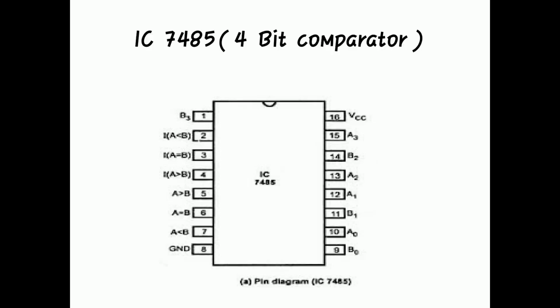A1 is pin number 12, A2 is pin number 13, A3 is pin number 15. Now go with B0, B1, B2 and B3. B0 is 9, B1 is 11, B2 is 14, B3 is 1. So 4 bits of A and 4 bits of B.